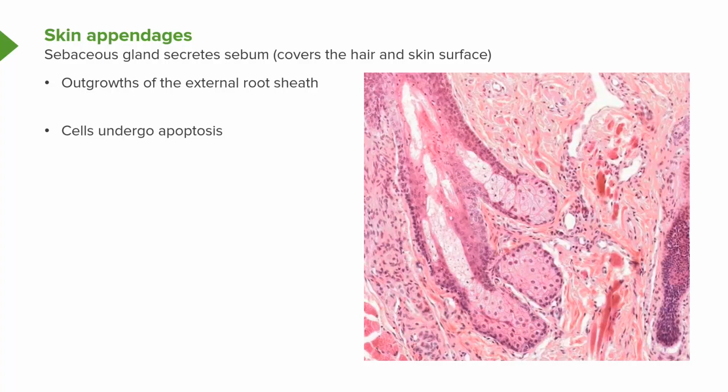And sebaceous glands are an example of holocrine secretion. Holocrine secretion is where the cell accumulates its secretory product and then the cell dies, it disintegrates by a process called programmed cell death or apoptosis.